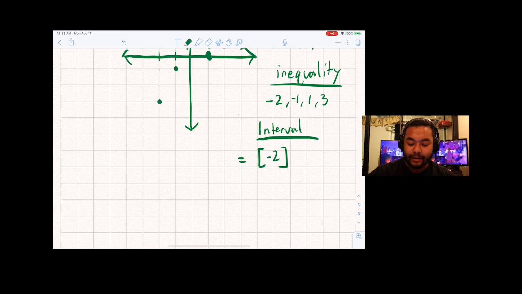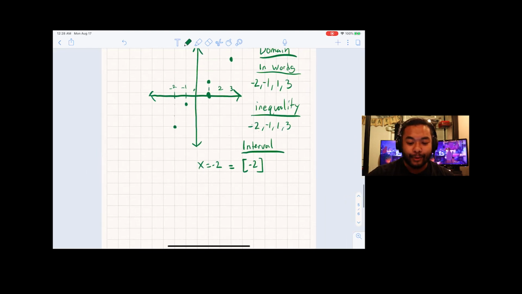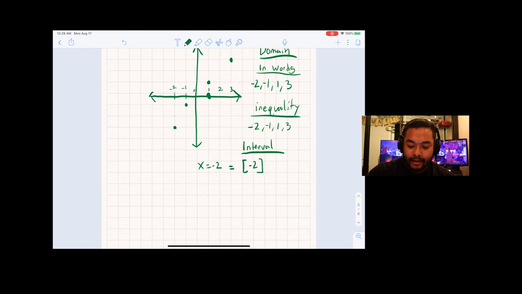This notation here, close bracket -2, close bracket -2, is the same thing as saying x equals -2. So what do I do for the rest of the points? I just keep going. I say comma, close bracket -1, comma, close bracket 1, comma, last one, close bracket 3.